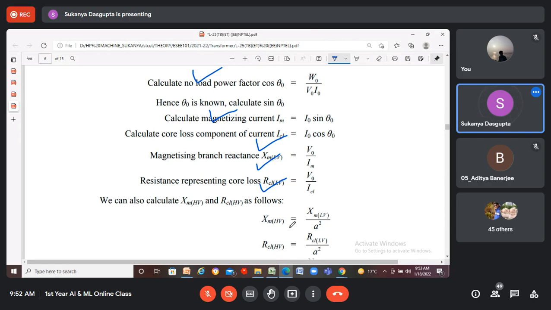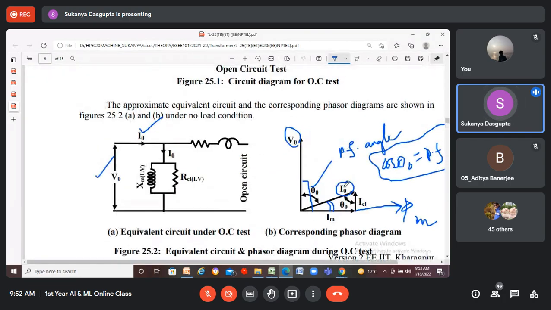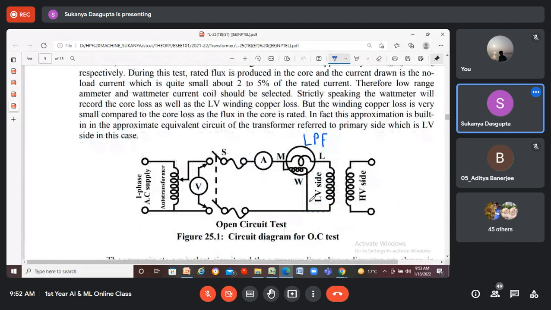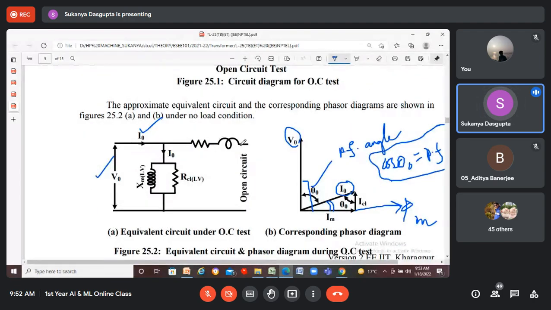Okay. That means during this open circuit test, the input current is very, very small, which is called the no load current, mainly 2 to 5% of the rated current. So these winding resistance and reactance will draw a very, very small current, right?